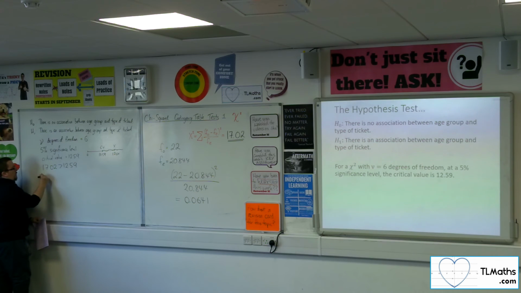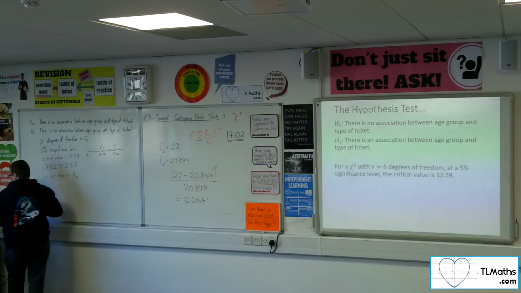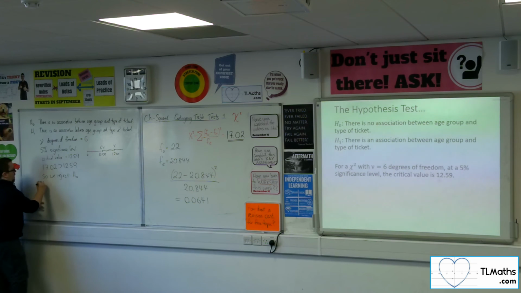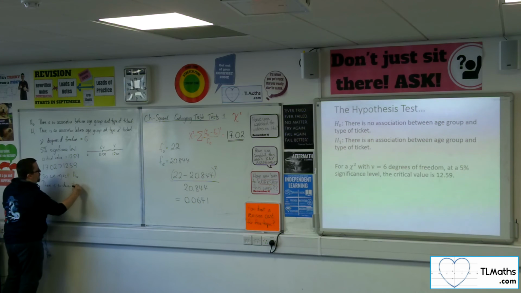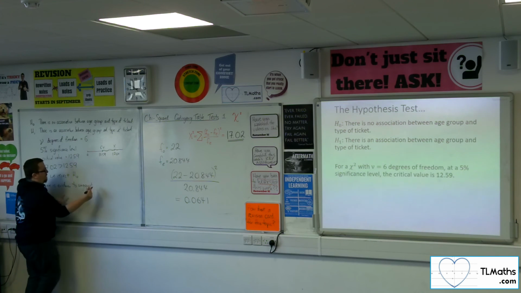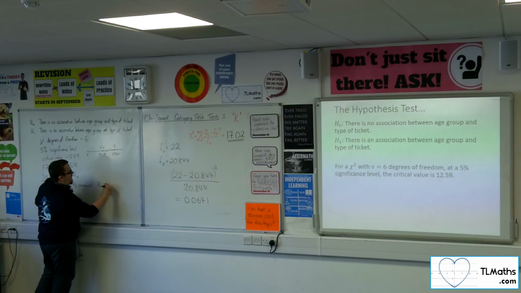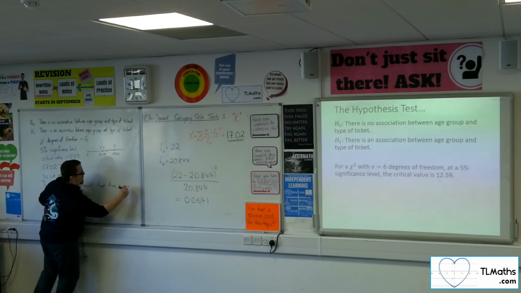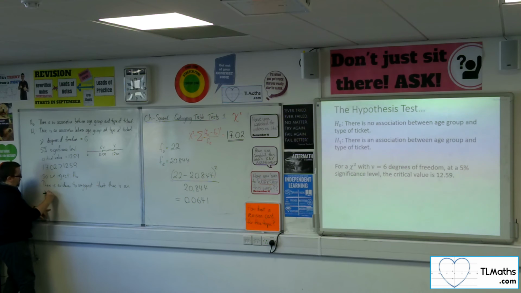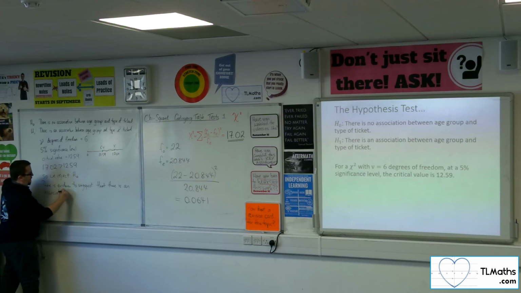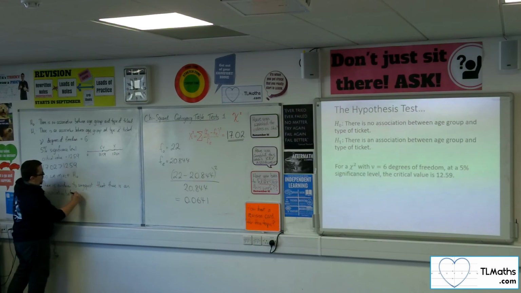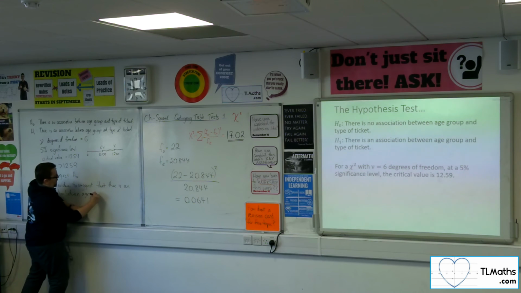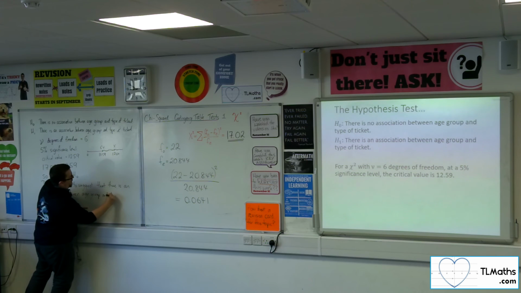And so we reject H0, and there is evidence to suggest at the 5% level that there is an association between age group and type of ticket.